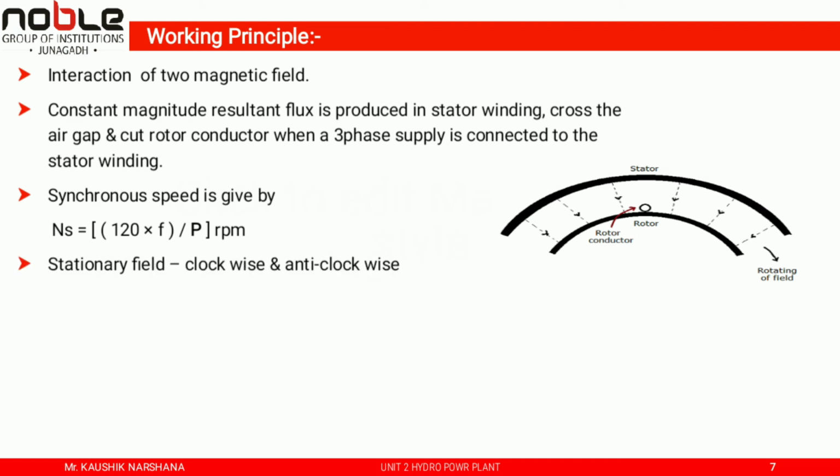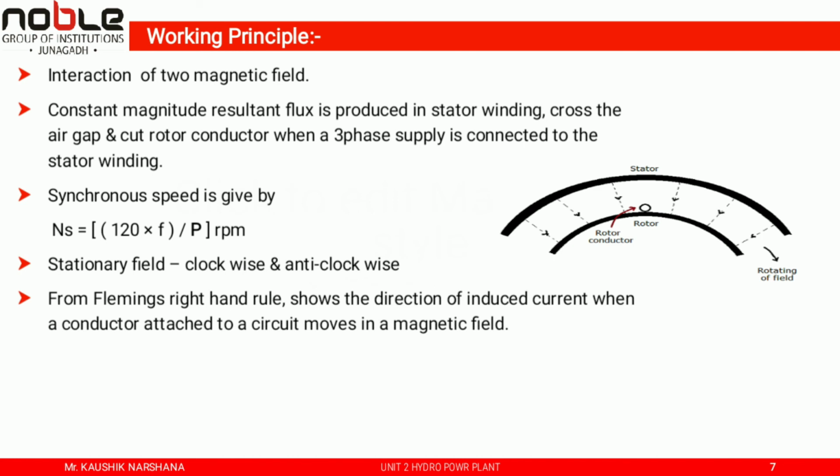For simplicity, we can consider one conductor on the stationary rotor and a magnetic field moving clockwise, which has the same effect as a conductor moving anti-clockwise in a stationary field, right? And as the stationary flux cuts the rotor conductor, according to Faraday's law of electromagnetic induction, EMF will be produced in the conductor.